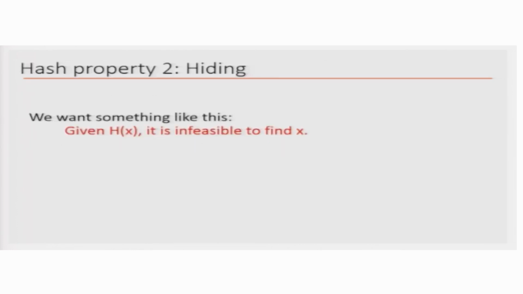The second property is of course hiding, that is, given the hash, finding the original message or original file is infeasible. Again, it is not impossible, but it is infeasible. If there is a hash function for which it is easy to find, then it is a bad hash function. For example, suppose you have a hash function that maps things to only a finite number of possibilities.